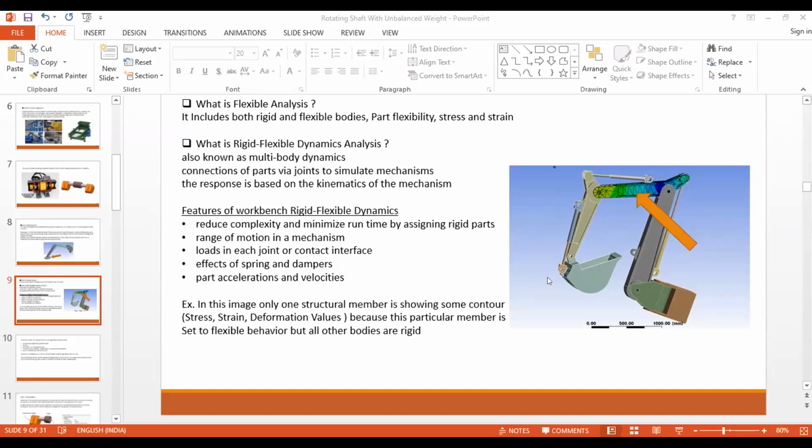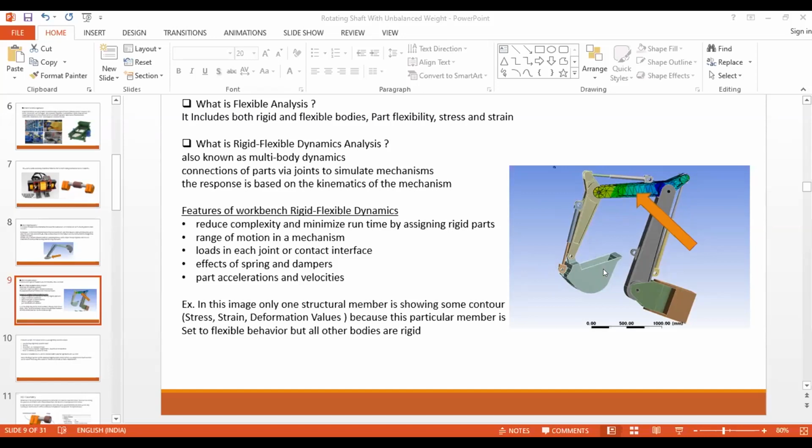There is one more thing, the effects of springs and dampers. Instead of this piston in the right image, we can put a spring or damper, and then we can simulate the whole process.